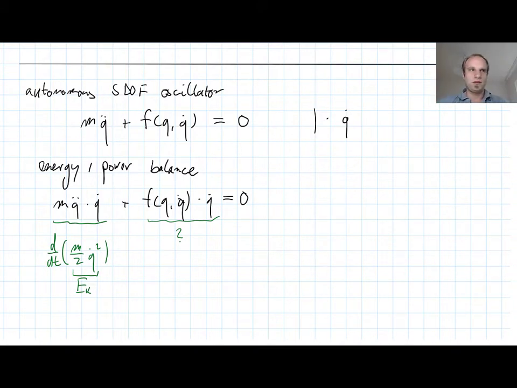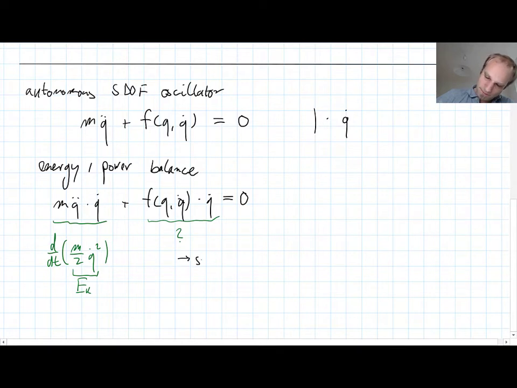And the idea will be that we don't go into the system and look for sources of conservative and non-conservative forces. That's a little bit cumbersome, and we seek a formal way to introduce conservative and non-conservative terms precisely by looking at this expression here.